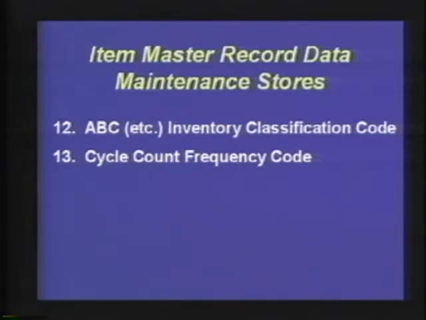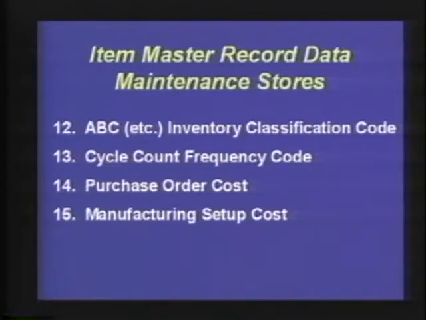And if you remember, A items are counted 4 times a year, so those 4 times a year would each have a date code associated with it, and likewise the B items are counted twice a year and the C items once a year. Step 14 is the purchase order cost, and that was reviewed in detail in section 4.